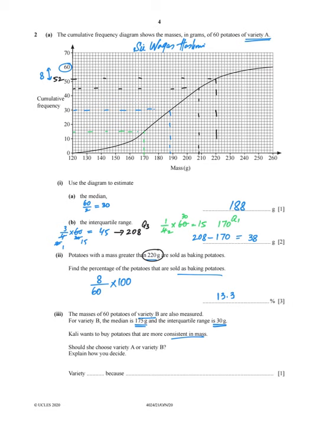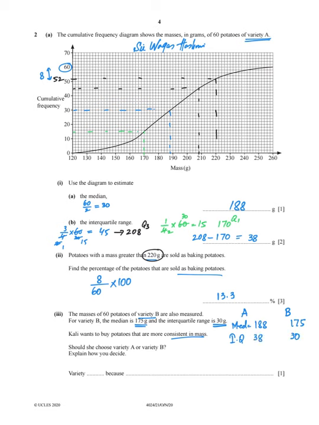Explain how you decide. Alright, so basically I have variety A and variety B. In variety A, the median is 188, and in variety B, the median is 175, and the interquartile range for variety A we found is 38, and for variety B it's 30.